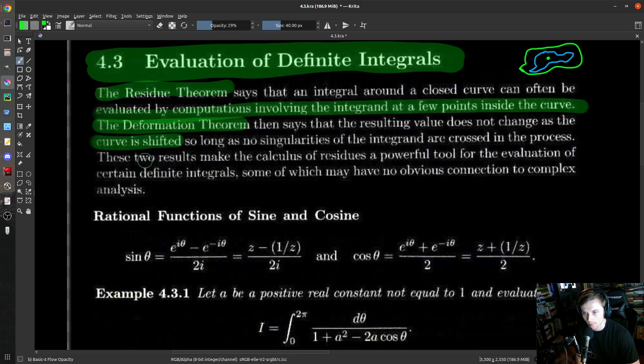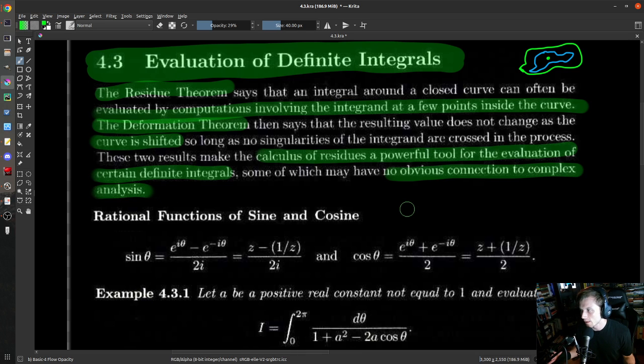These results, when you put them together, make the calculus of residues a powerful tool for the evaluation of certain definite integrals. And in particular, a lot of these have no obvious connection to complex analysis. So it is kind of cool to see the gap bridged between some real analysis topics and some complex analysis ones.